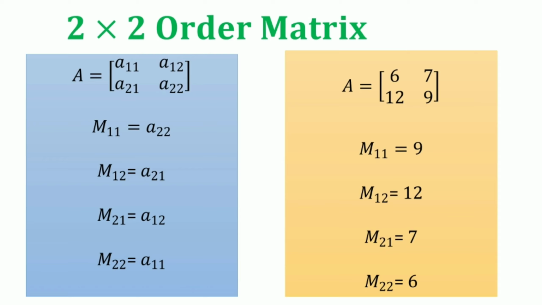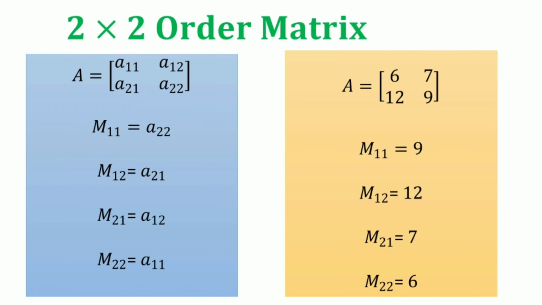Corresponding to A11, we have minor M11, which can be found by crossing out the row and column that pass through the corresponding entry. By removing them, we get the value A22.